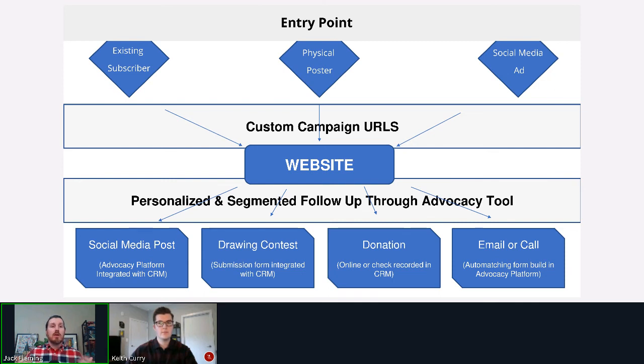Google has a free campaign URL tool. You search Google campaign URLs, and it'll come up. We have a resource that was created by Bitly, the URL shortening company that we really like. They created a template Google Sheet, and you just fill in the fields as it goes and put in the URL that you want them to land on, and it creates the custom campaign URL for you and stores it all.